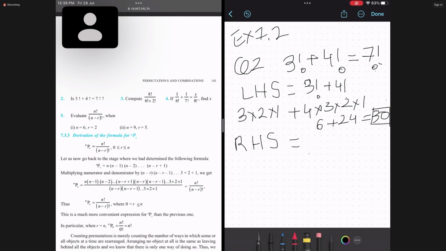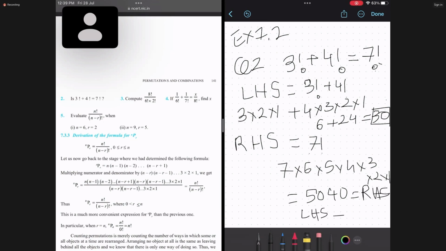Solving the RHS, 7 factorial is nothing but 7 into 6 into 5 into 4 into 3 into 2 into 1. Correct. Solving this, what I'm left with is 5040, which is equal to my RHS term. As LHS and RHS are not equal, I can say for a fact that 3 factorial plus 4 factorial is not 7 factorial. Correct. Moving on.